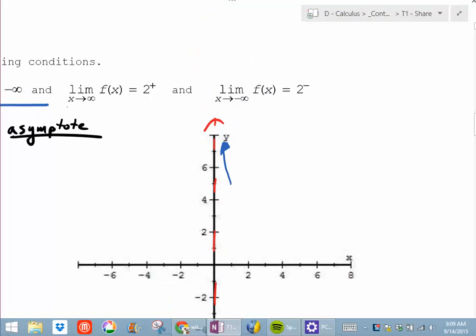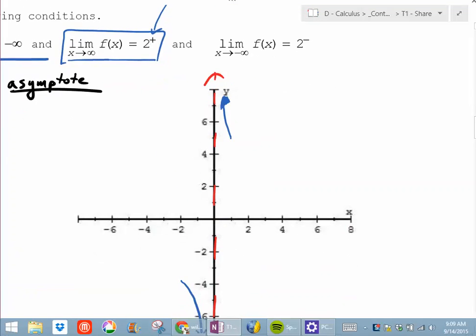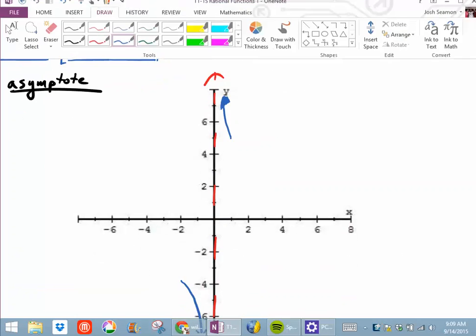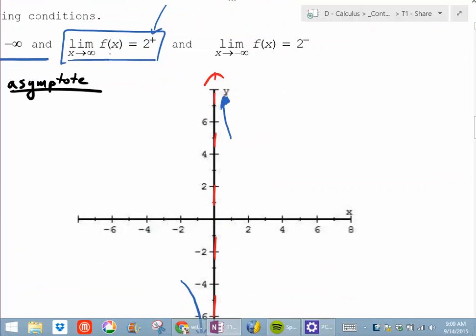The limit as x goes to infinity, it approaches 2 from the right. As x gets infinitely big, this function approaches 2 from the right side. So how would you graph the line y equals 2? I'll use green on this one. What kind of line is y equals 2?